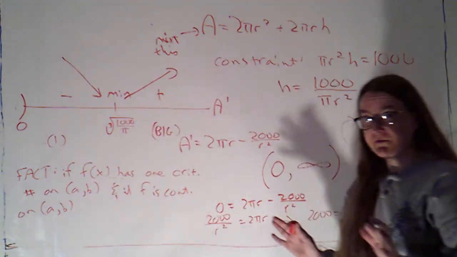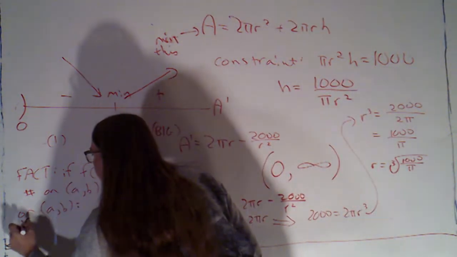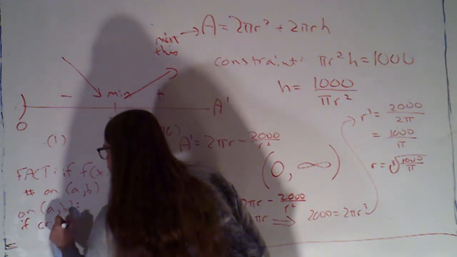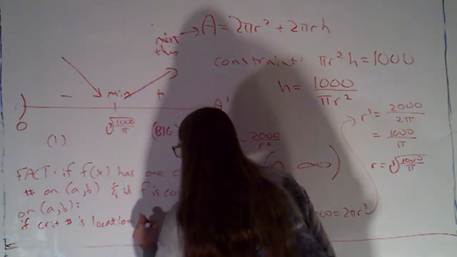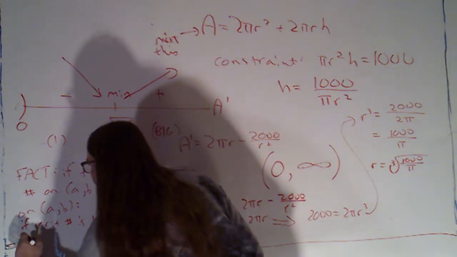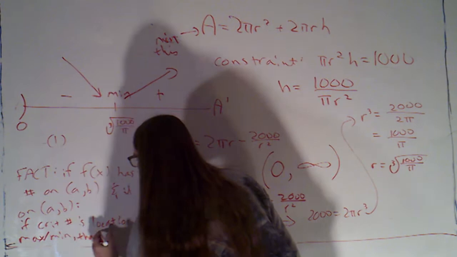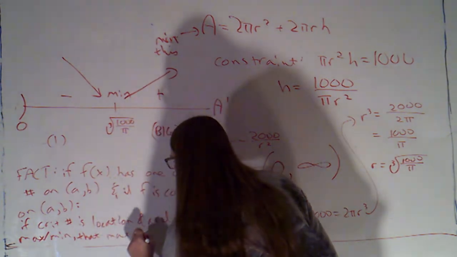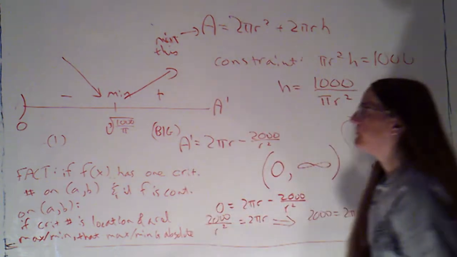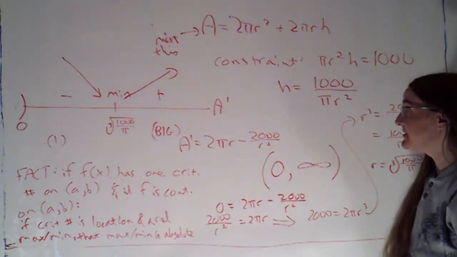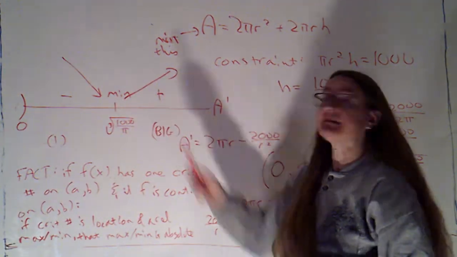So if I've got a continuous function, which I do, and I've got just one critical number, then if the critical number is the location of a relative max or min, that max or min is absolute. Okay, excellent. So I now have verified that this is a min.